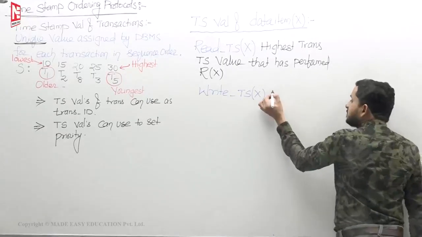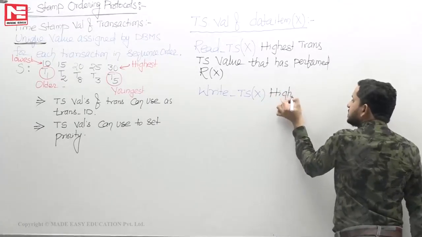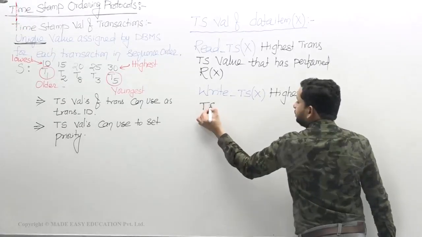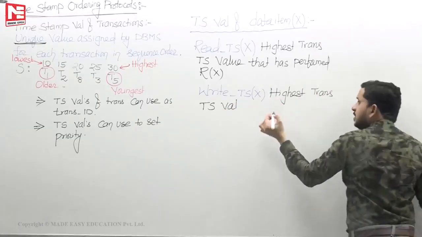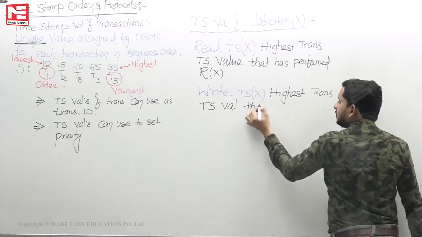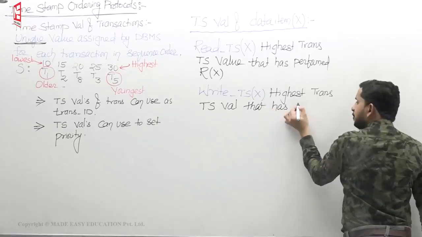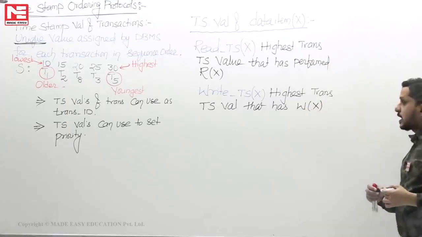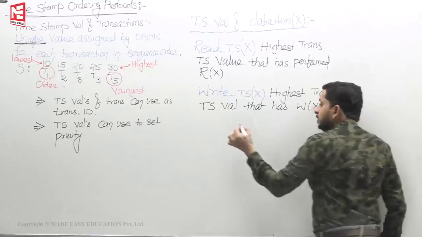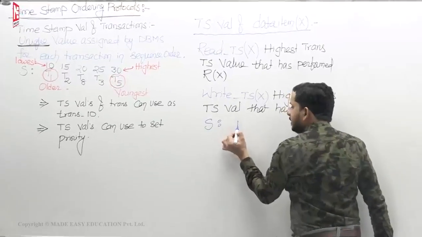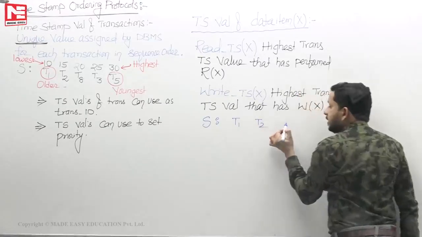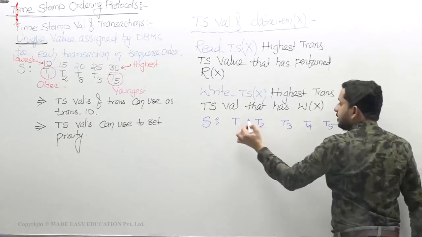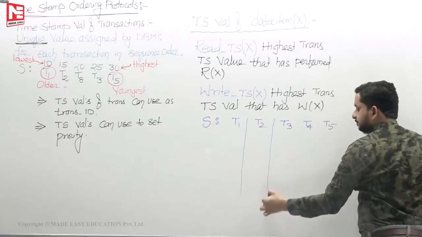Same definition for the write timestamp value: the highest transaction timestamp value that has performed a write of X. Let us assume in this schedule, transactions are executing concurrently, and these are some set of transactions.